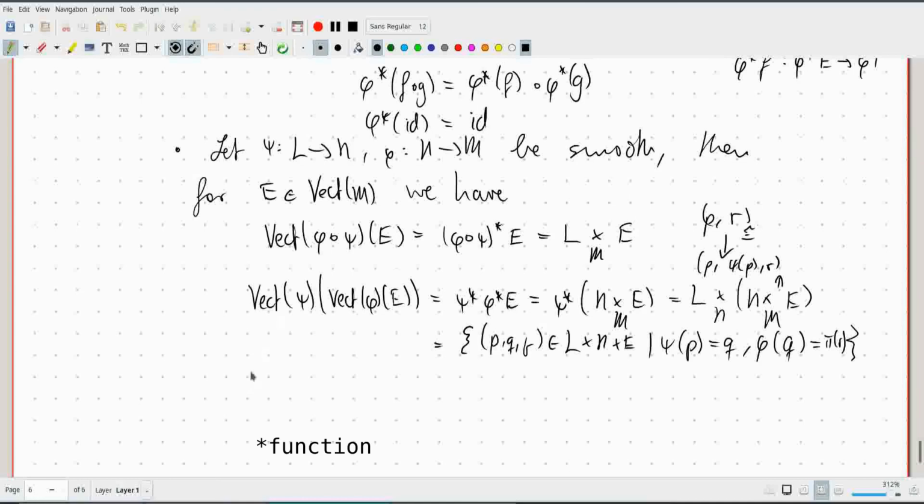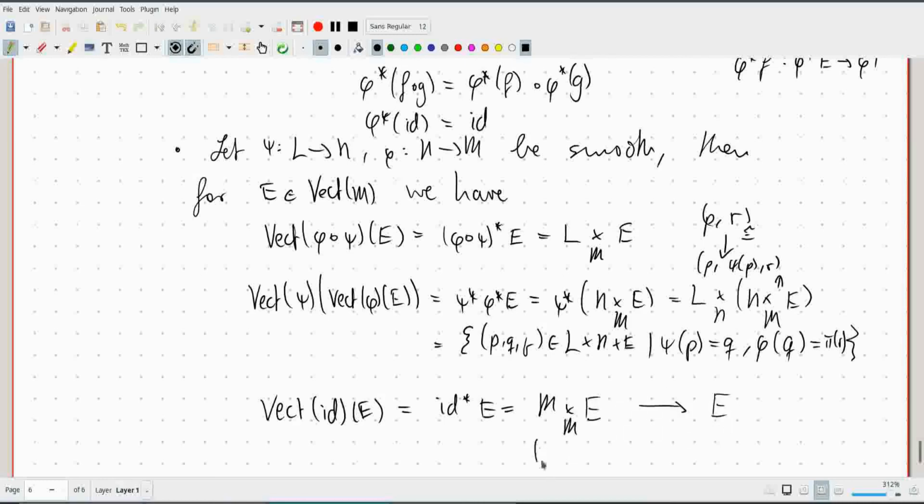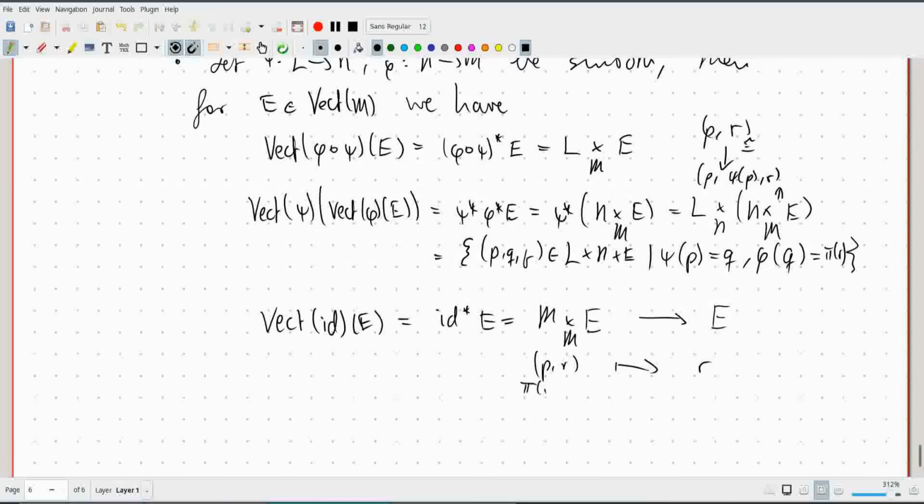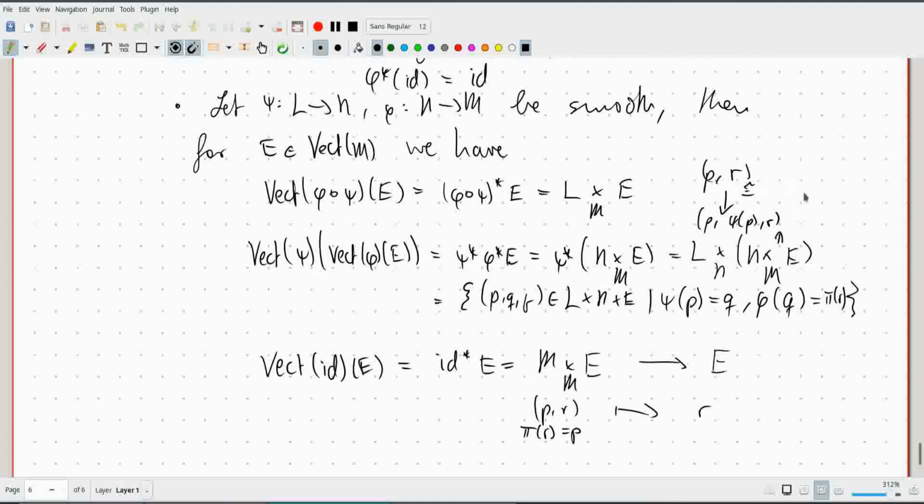And I guess for the identity functor, we can note that the pullback of E by the identity is just M crossed with E over M, and we can map that one to E just by having point and vector mapped to the vector, just because we know that pi of R is equal to P. So that is our natural transformation psi phi inverse, I guess, and that is our natural transformation U E inverse.